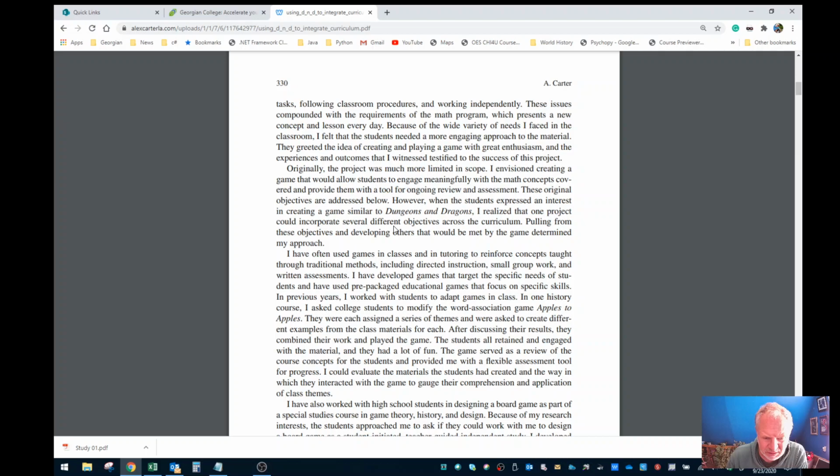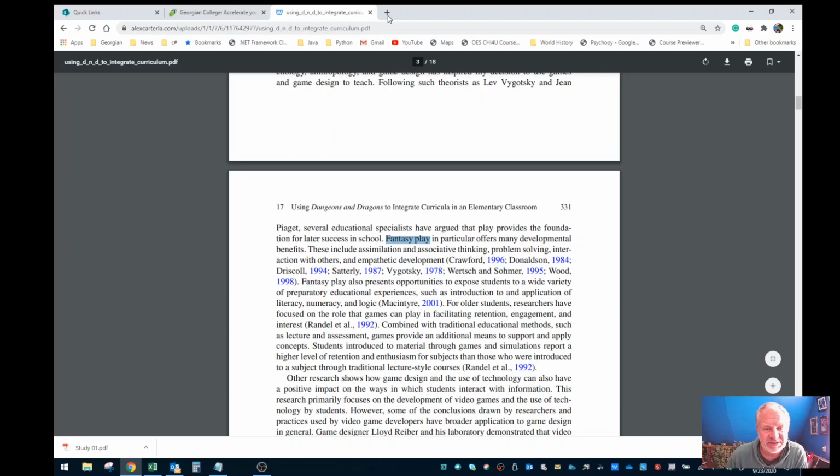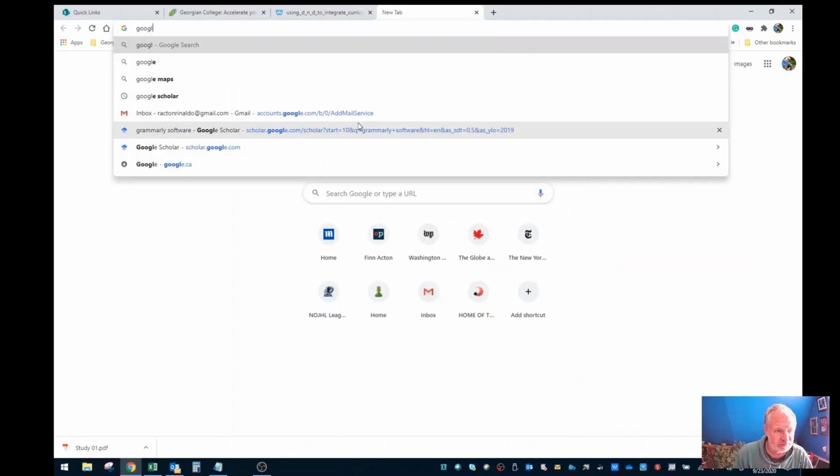Okay, so I might decide, okay, let's look up in a very general sense. Let's go to Google Scholar again. So, fantasy play in elementary school.